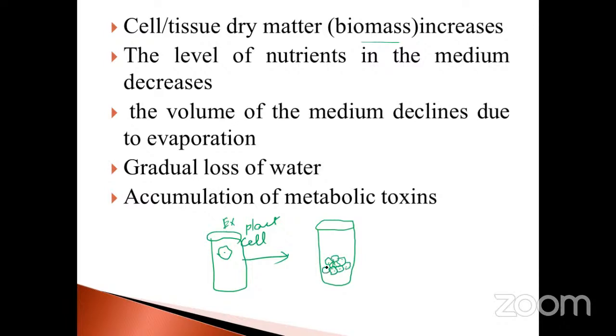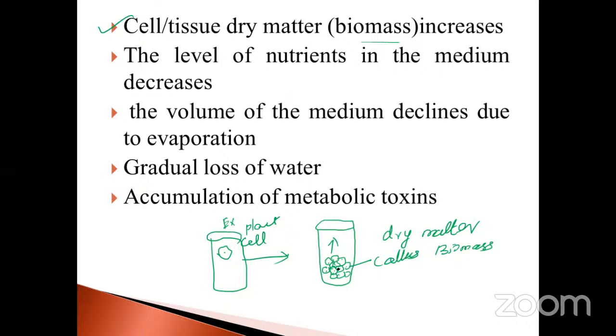So this is the first step. This is called callus. This is dry matter, biomass produced, an increased number. Here there was one, and here the number is increased. And the second one is that the level of nutrient in the medium is decreased.